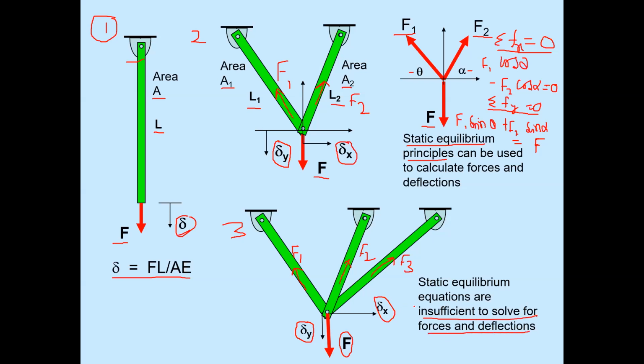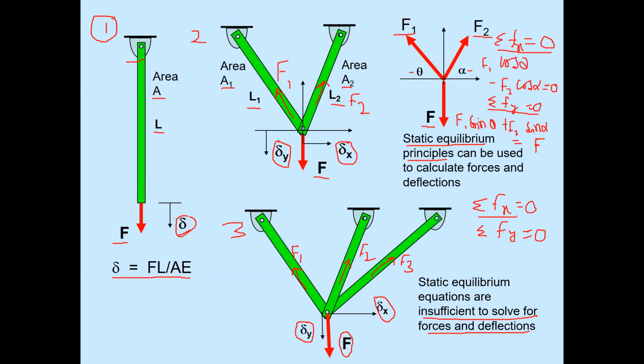The word insufficient. Why insufficient? Because what we have here is sigma Fx equal to 0, and the second equation, sigma Fy equal to 0. So we have two equations of equilibrium.